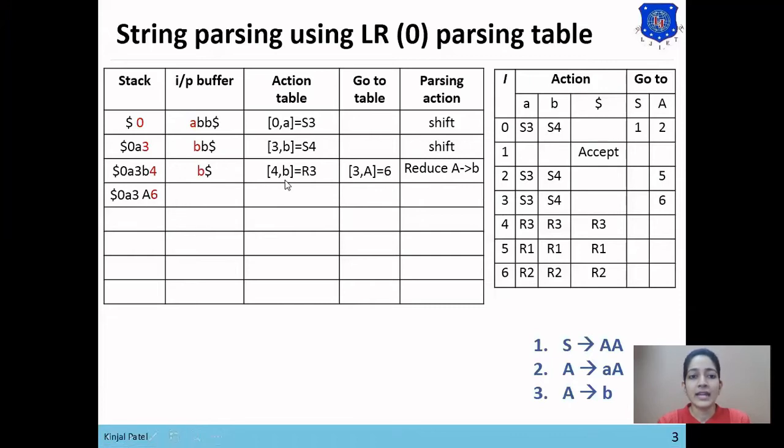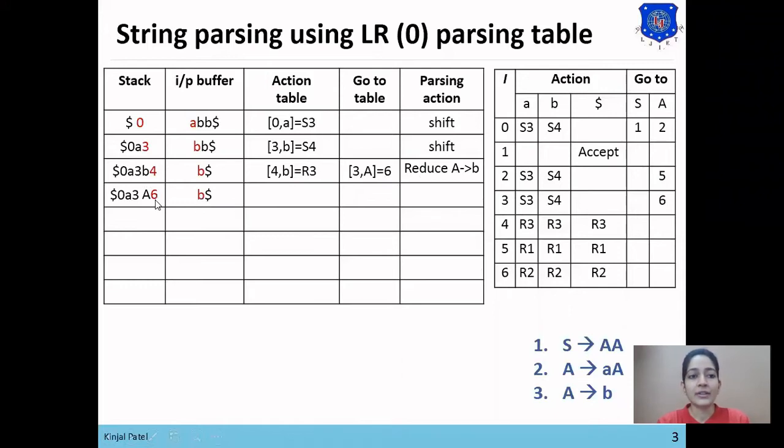As you can see, we want to reduce B by A because the action is R3. So we'll reduce B4 with A, but A should have some value, so for that we check the value 3 on A. As 3 on A has value 6, B4 will be replaced by A6 in the stack. And in the input buffer there is the input B$.